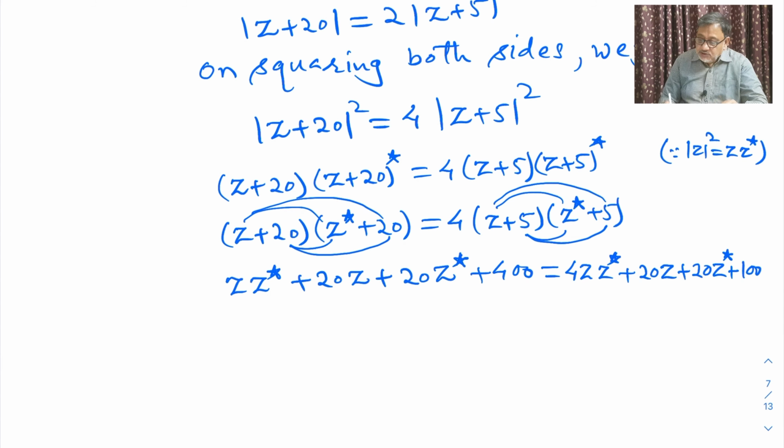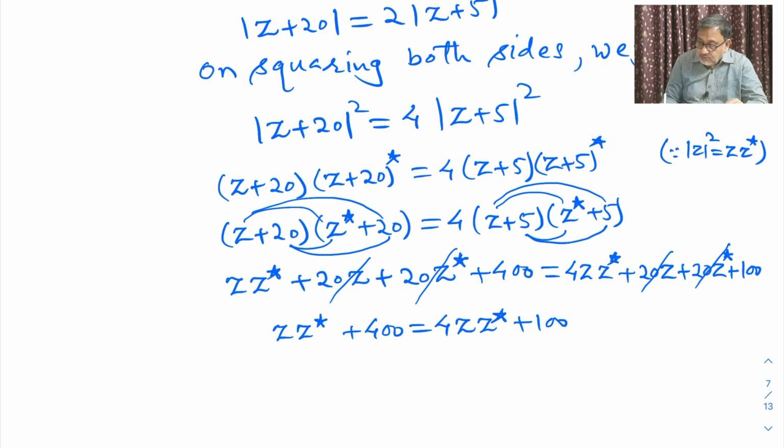Now the like terms on both the sides we can cancel. So 20z, 20z, 20z conjugate, 20z conjugate. Now what is remaining is z z conjugate plus 400 is equal to 4 z z conjugate plus 100.